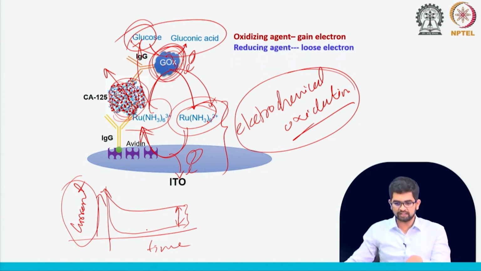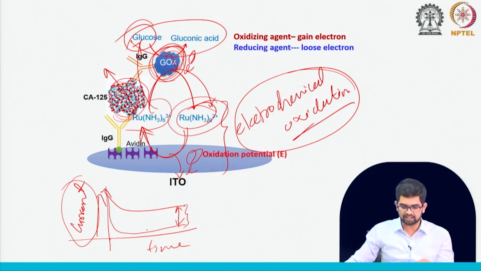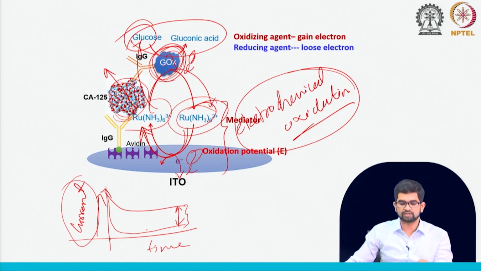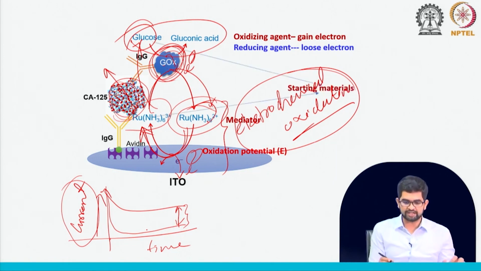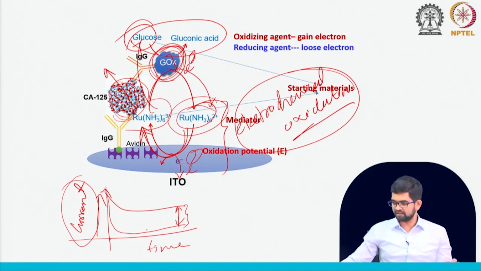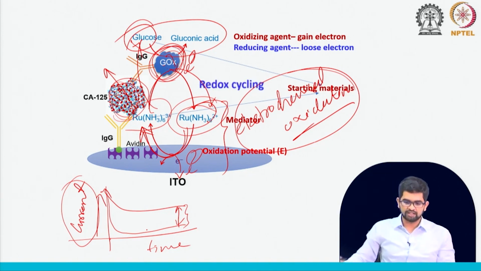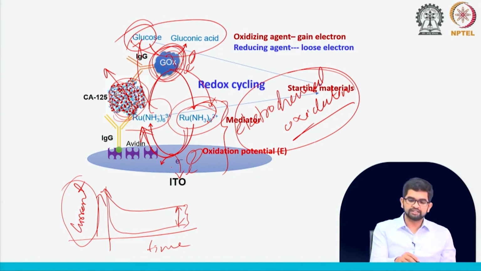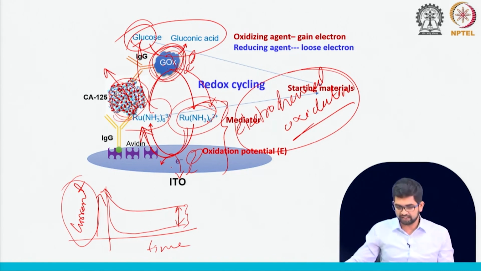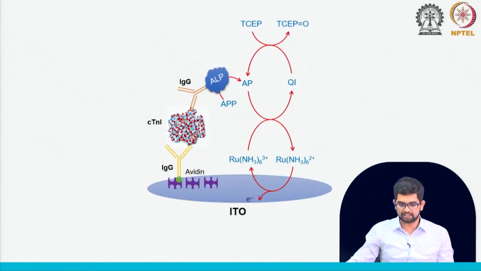So, now it is pretty clear: the reducing agent, the oxidizing agent, and we are applying some oxidation potential, right. Here ruthenium we are using as a mediator, and the starting material I told you, right. This is the redox cycling happening on the surface, and this is the enzymatic redox cycling that I told you about in the last class.